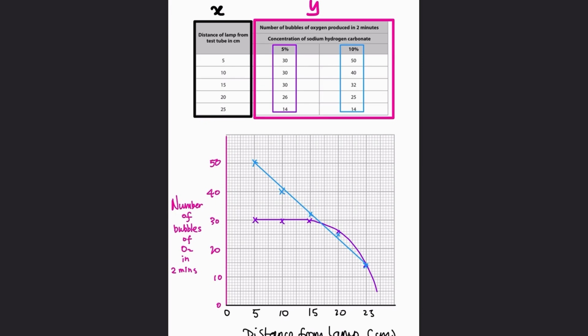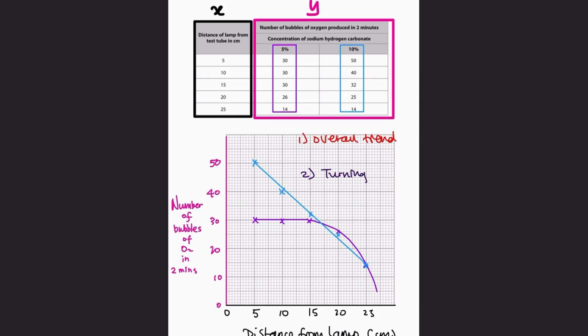Now when you look at this graph, I want you to think about 2 things you're going to explain. Number 1 is the overall trend of both graphs. And then number 2 is the changing point, like what is different and how to explain that. The changing is, let's call it turning point, the turning point.